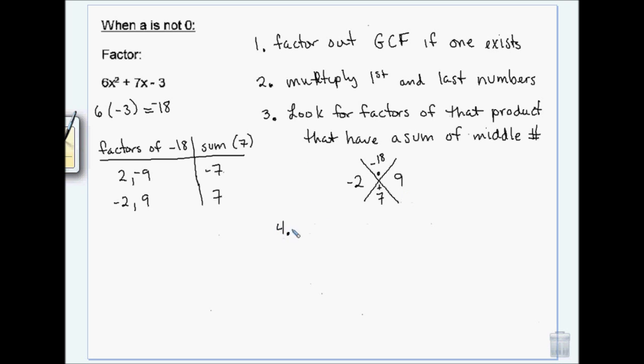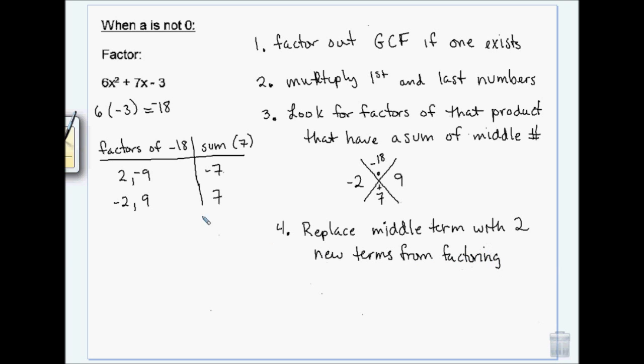Okay, now this is what I'm going to do. I'm going to take that positive 7 and I'm going to replace it with negative 2x and 9x.